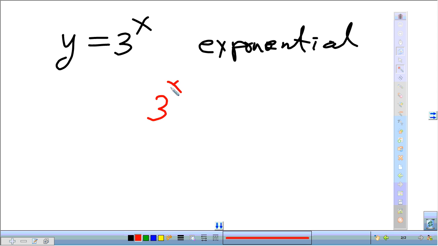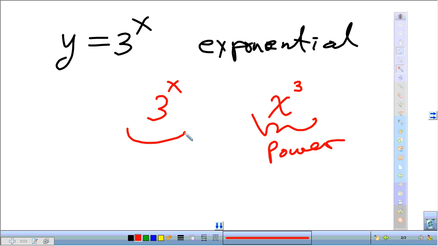Although 3 to the x, we could say, well, it's a power expression, just like x cubed. But in the context of variables, we call x cubed a power, and we call 3 to the x exponential.